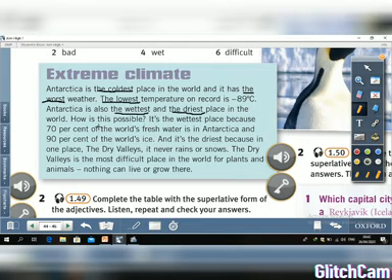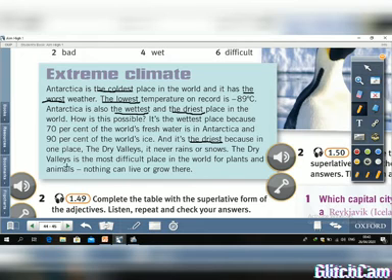How is this possible? It is the wettest because 70% of the world's fresh water is in Antarctica and 90% of the world's ice, and it is the driest because in one place, the dry valleys, it never rains or snows.